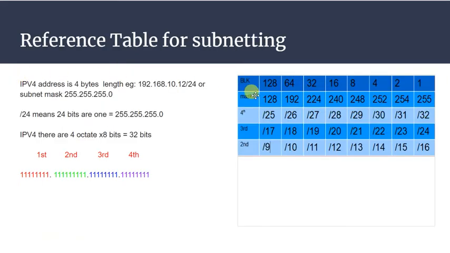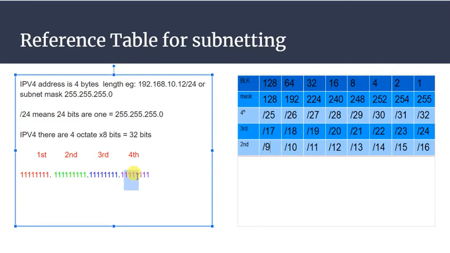Okay, this is a reference table which I have built to make it easier to understand, so that we can do our subnetting quickly. This reference table, which I am going to use to solve all the questions, works like this: you take a binary value, for example any octet, 8 bits.